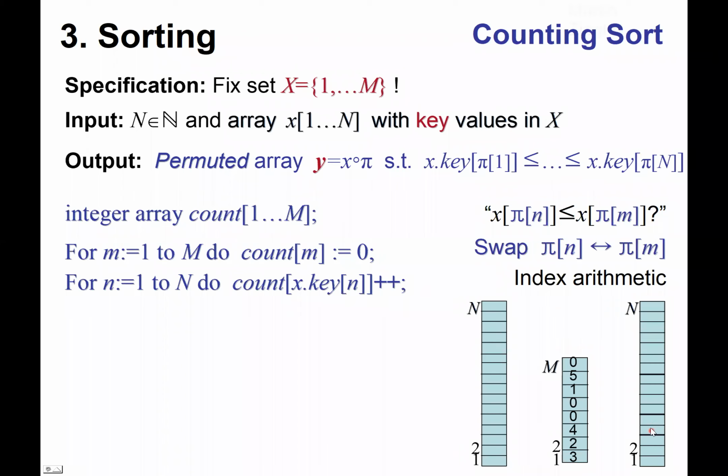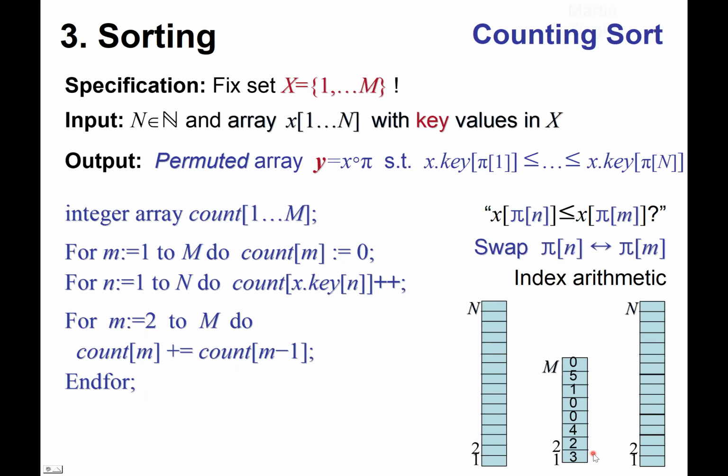Then the next 2 entries go here, the next 4 entries go here, and so on. So by adding all these numbers, we can calculate where these entries will end up. And this is exactly what the next loop does, namely adding all these entries up.